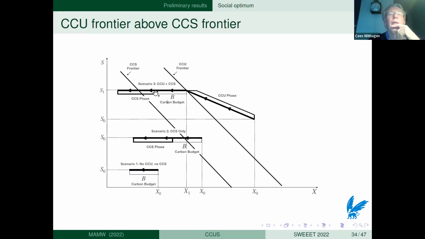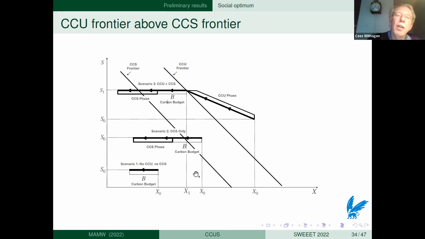And from there on, we have CCS until at some instant of time, we leave some oil in the ground, and then we move on to renewables. If we do not start to the right of the CCU frontier, then we start immediately with using the carbon budget. And then after exhausting the carbon budget, we use only CCS.